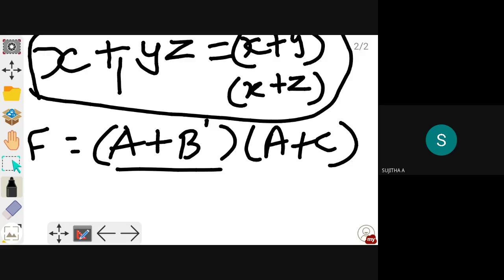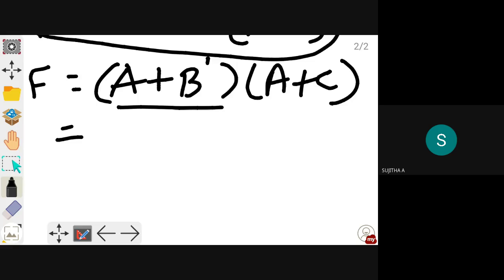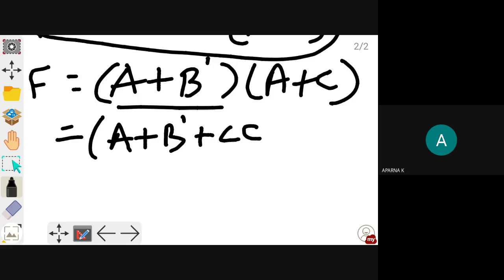C is missing. So how will you add c? You studied a law: a plus b dash plus c into c dash. What is the value of c into c dash? It is 0.